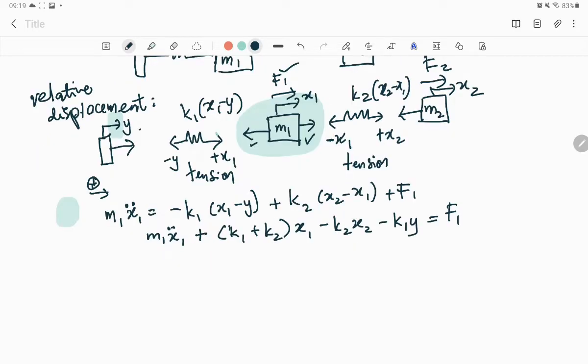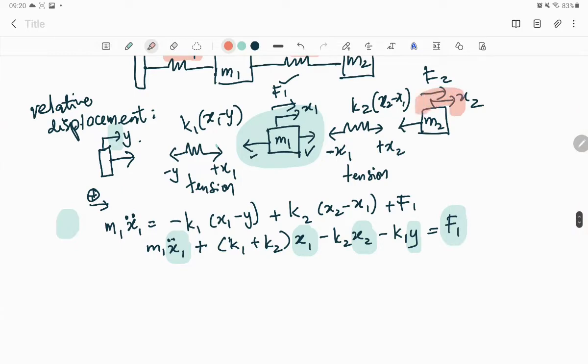So I've done the equation of motion. You rearrange it by collecting the terms of X1, X2 and Y, and you leave your F1 on the right-hand side of the equation. So we're done with that. Now take a look at the second EOM. The second EOM involves only F2 and K2 (X2 minus X1), so you only have two forces.